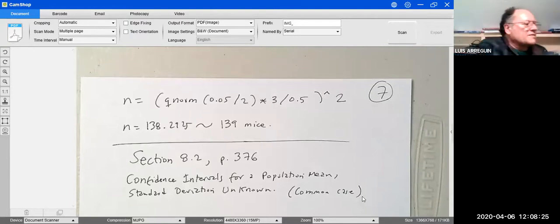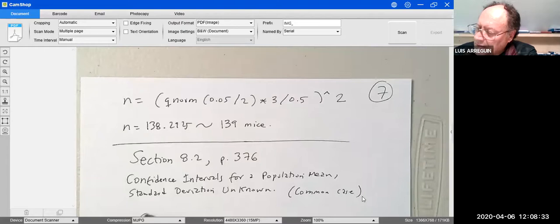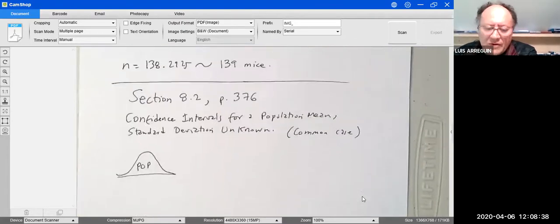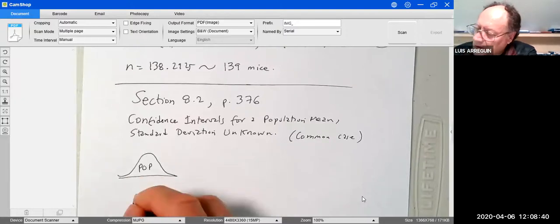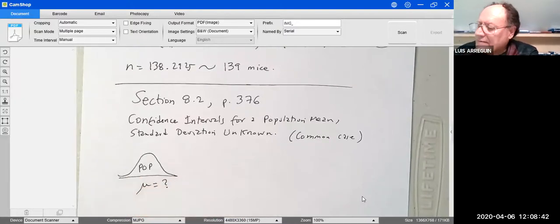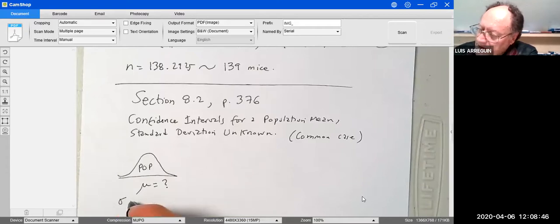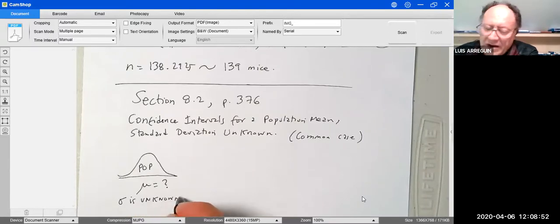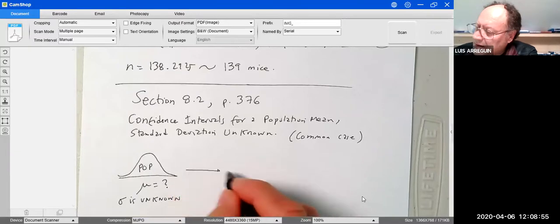So in these problems, we're gonna follow the same methodology. So I'm giving you always the same methodology. So we're gonna have a population. So we want to know about this population. We want to know the mean is our question mark. So in this case, the standard deviation is unknown. So we don't know anything, but we're gonna collect a sample again.